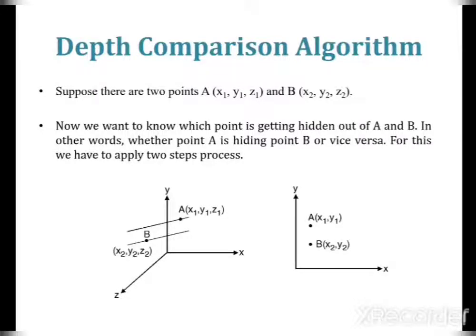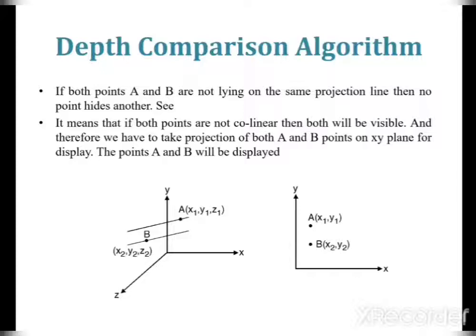If we want to know which point is getting hidden out of A and B, in other words whether point A is hiding point B or vice versa, B is hiding point A, we have to apply two different steps. Here A is the point x1, y1, z1 and B is the point x2, y2 and z2, and these are two different points not lying on the same line.